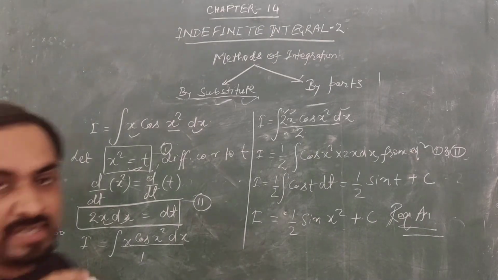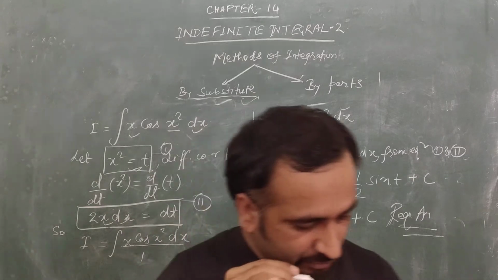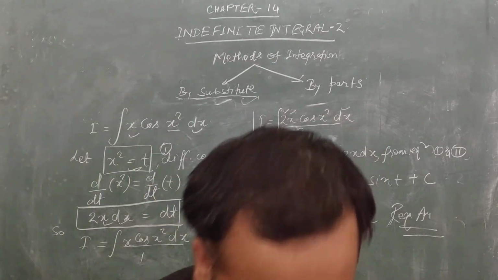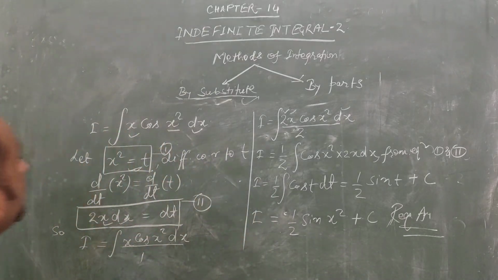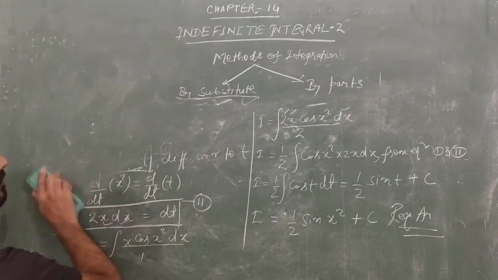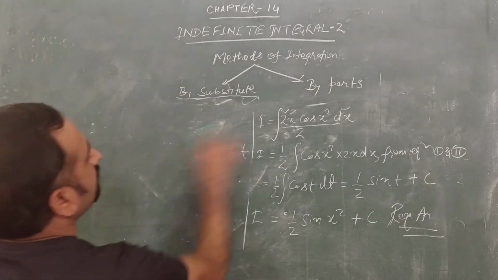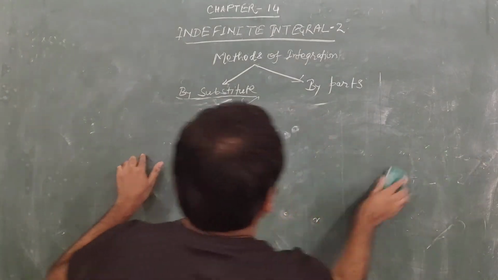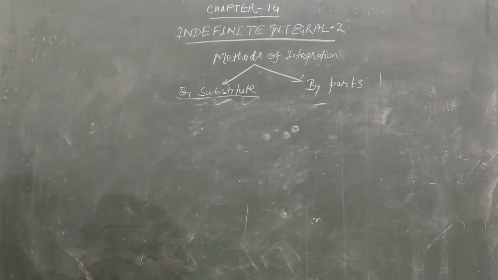So students, I am going to start your exercise, and I am going to take the first question of your exercise 14a. See your first question of your exercise 14a.